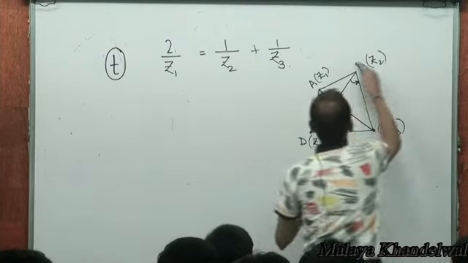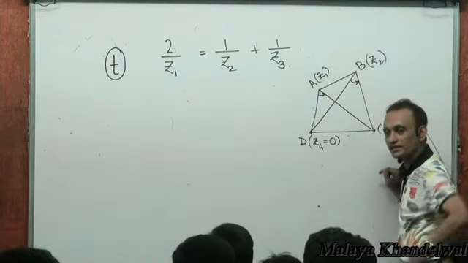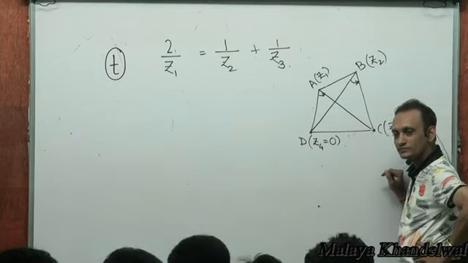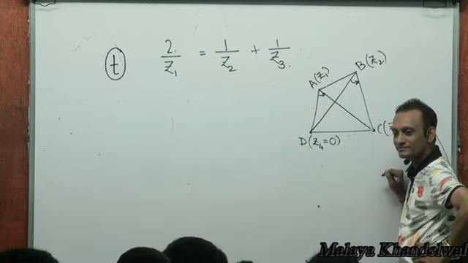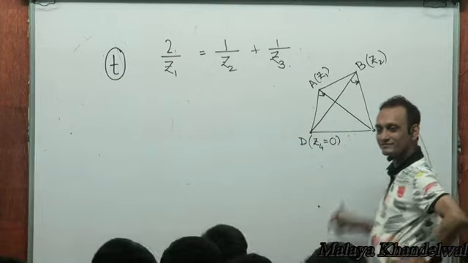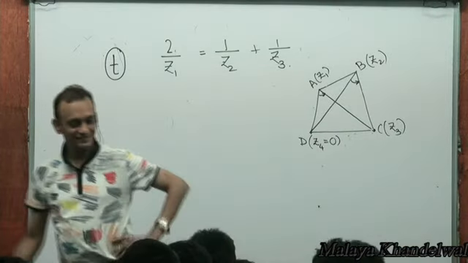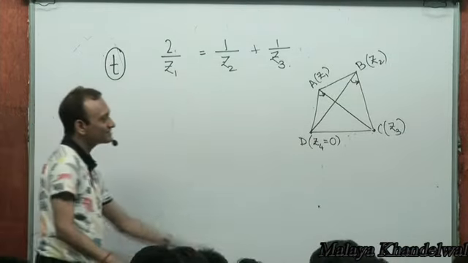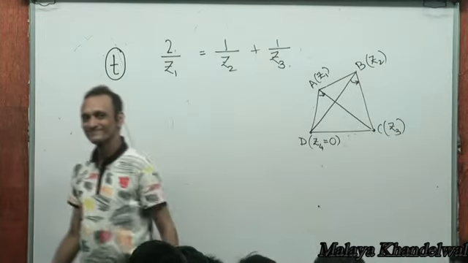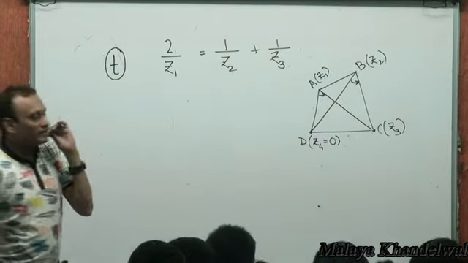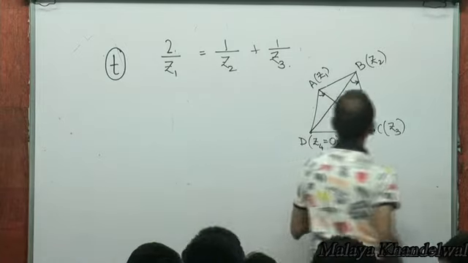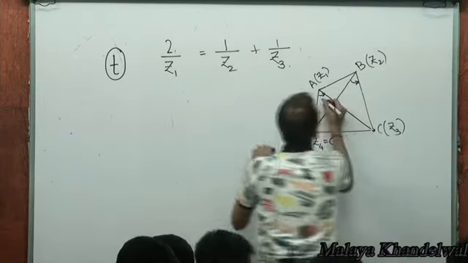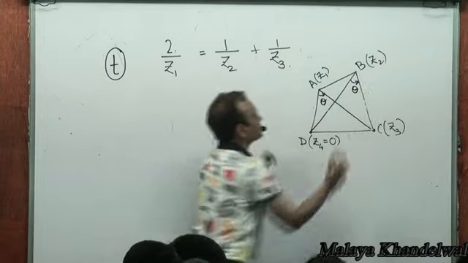So if they lie on the same circle, it's as if showing that this is a cyclic quadrilateral. Right then, now this angle and this angle must be equal.